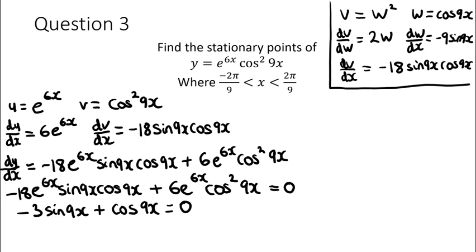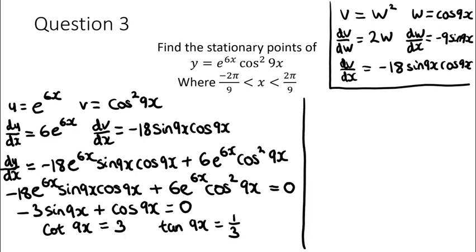And that's going to equal 0. I can then add 3 sine 9x to both sides and divide both sides by sine 9x. So I end up with cot 9x equals 3, which means that tan 9x would be 1 over 3.